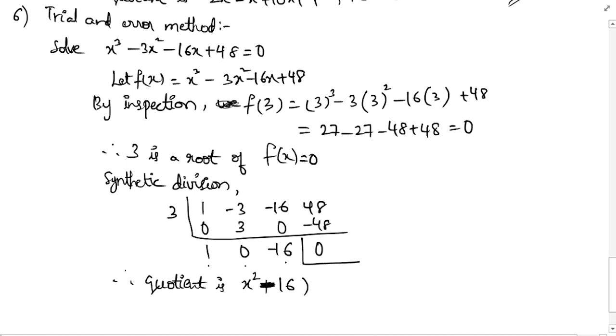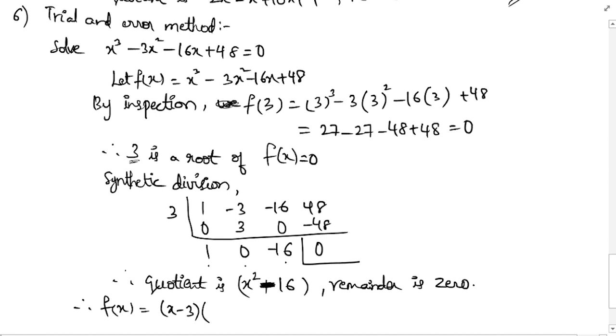This is the quotient and the remainder is 0. Therefore f of x is equal to x minus 3, because 3 is our root, right? So we can write it as x minus 3 into x square minus 16.